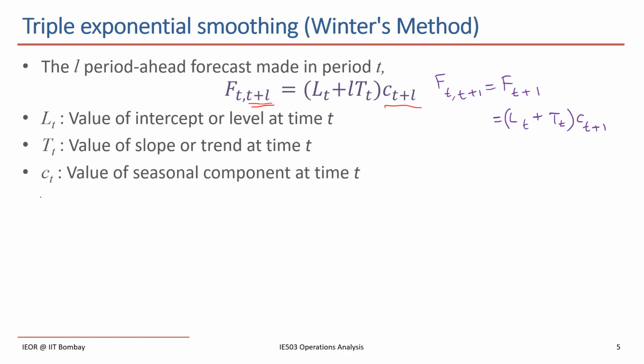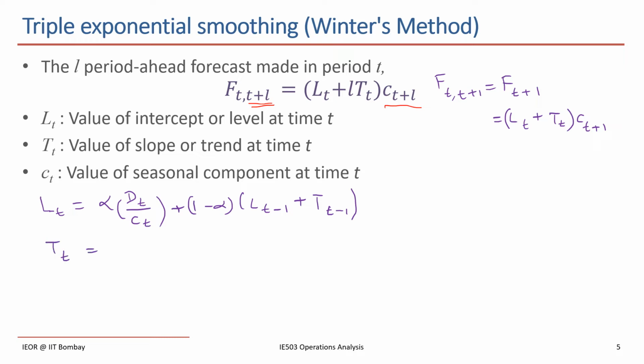L_t is equal to alpha into d_t divided by C_t, plus 1 minus alpha into L_t minus 1 plus T_t minus 1. This expression is almost similar to the level expression in Holt's model, except we have the seasonality component right here.